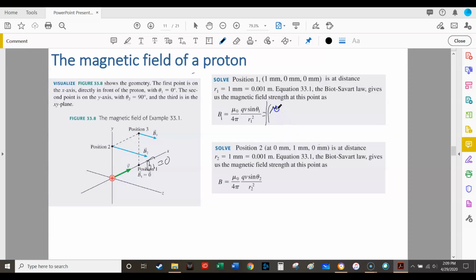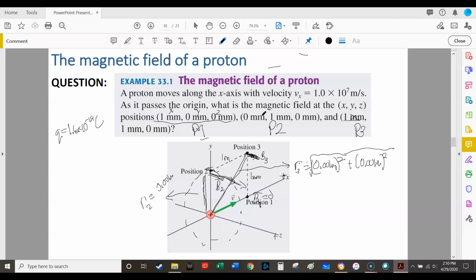So this is going to be mu naught over 4 pi, right? That's a constant. And we're going to have q, which is 1.6 times 10 to the negative 19th coulombs. And the speed that it was given, what was our speed?